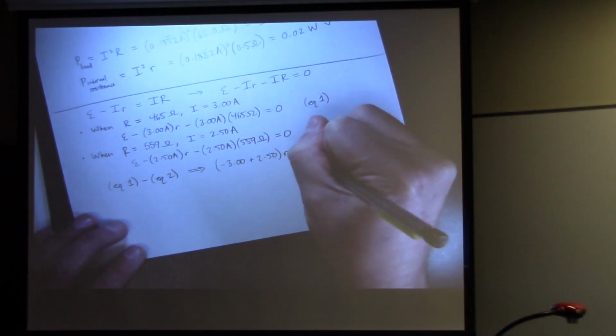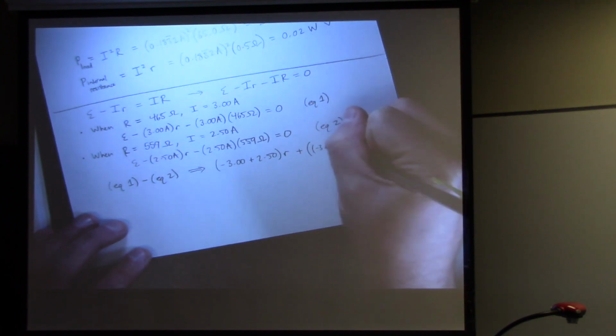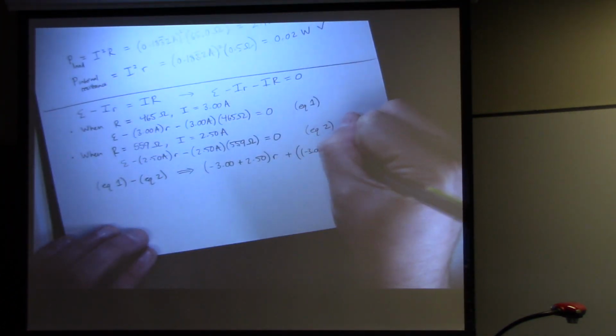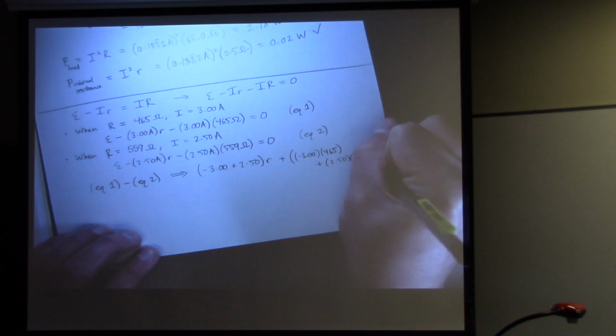So if I just group all of that together, that's minus 3 times 465 plus 2.5 times 559 equals 0.